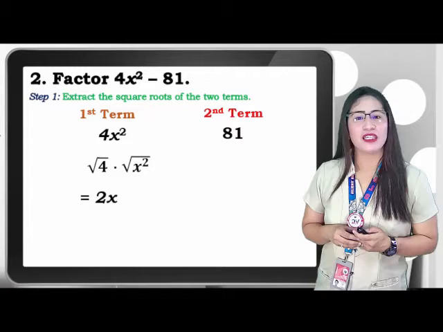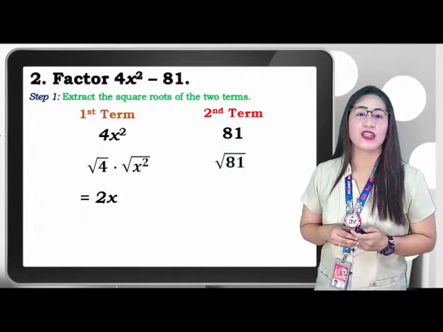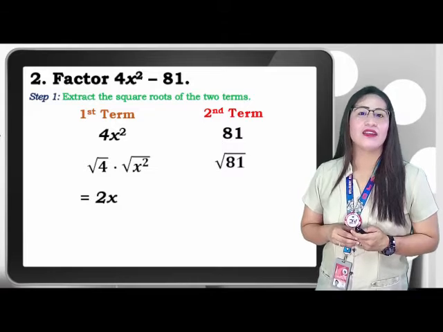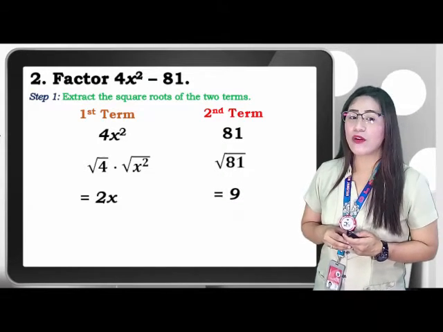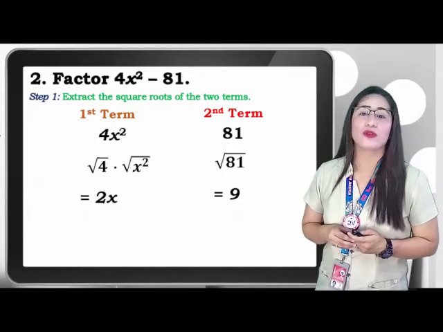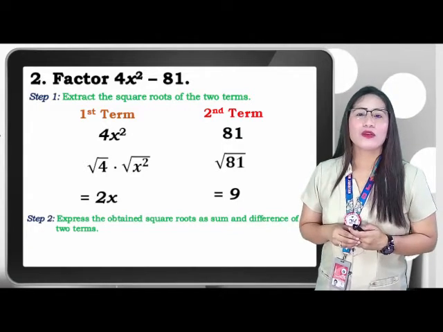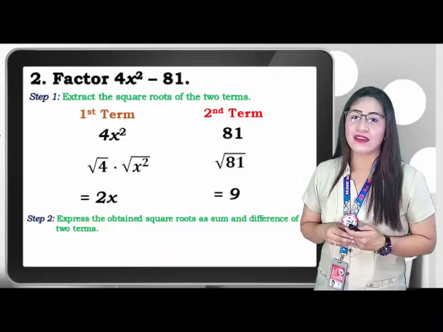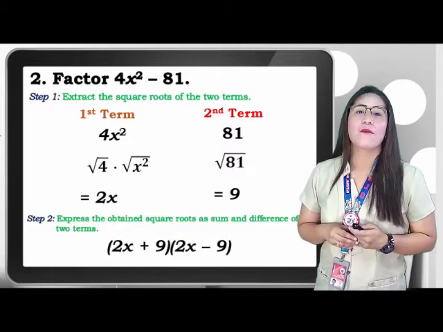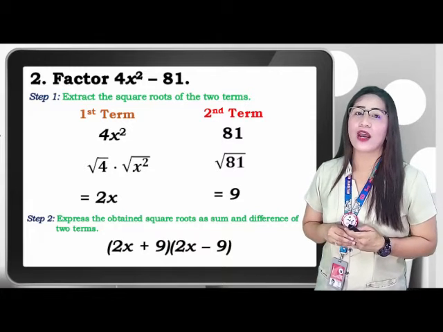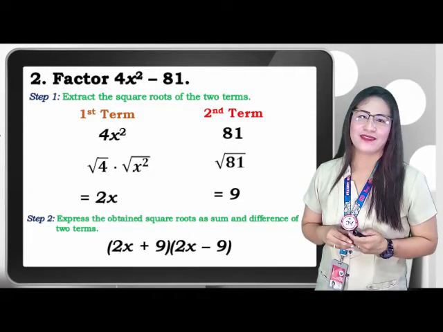Second term is 81. Square root of 81 is 9. 2x and 9 are the square roots of the first and second terms. Step 2. Therefore, 2x plus 9 times 2x minus 9 is the factored form of 4x squared minus 81.